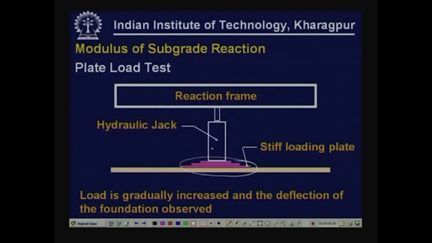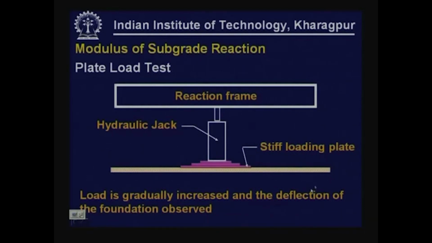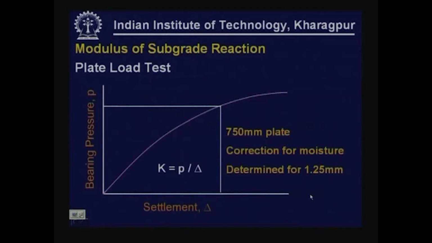This is the rigid plate. So, we apply incremental load and measure the surface deflection of the pavement, and then plot the load versus deflection diagram. Like this, and the slope of this diagram at a specified deflection is taken as the modulus of subgrade reaction.